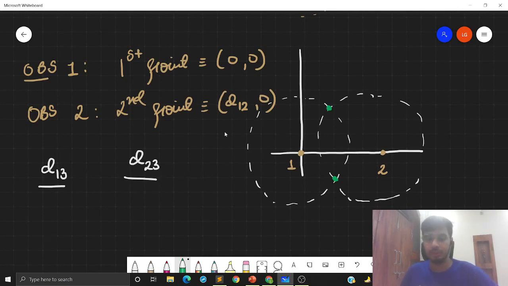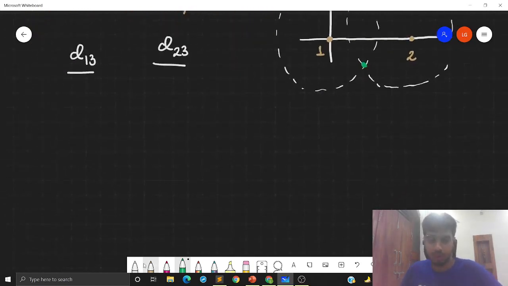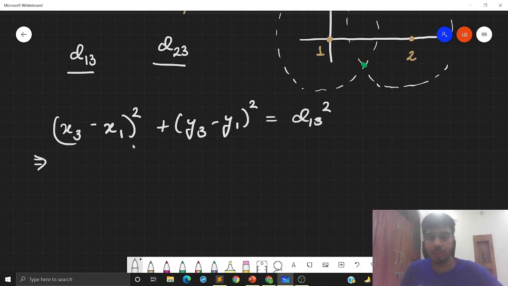So suppose the distance between the third point and the first point is d13. Because the first point is at origin, we can simply say that x3 squared plus y3 squared is d13 raised to the power 2.